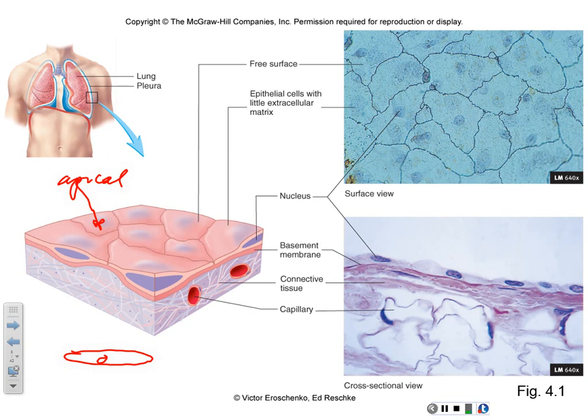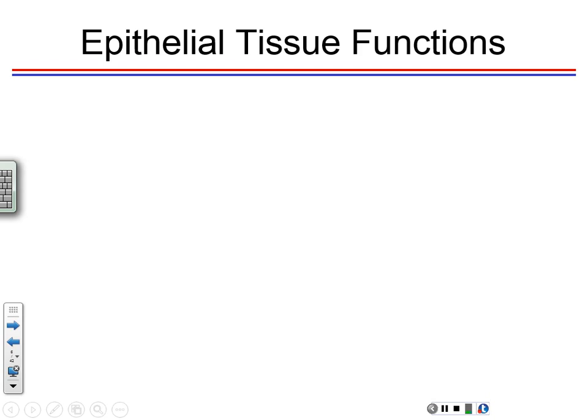So this is just showing you an excerpt from the lungs. All right, and we'll go through each of these types of epithelial tissue and where in the body they are found and what their function is. And their function is going to be very much related to the shape and the number of layers.